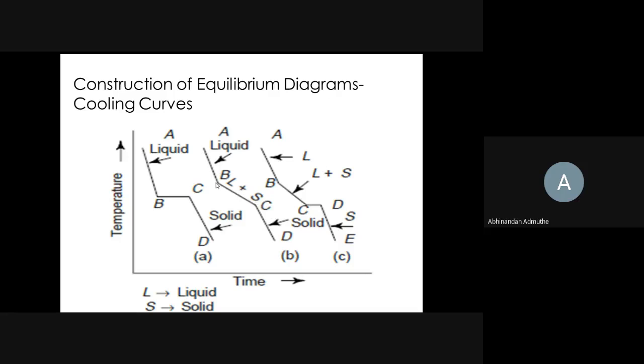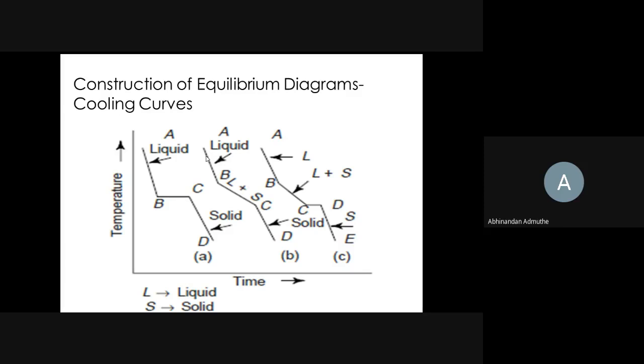In between these two we have liquid plus solid. This point B we call the liquidus temperature, and this point C we call the solidus temperature. So from this thermal analysis experiment we can obtain the liquidus temperature and solidus temperature for different alloys.